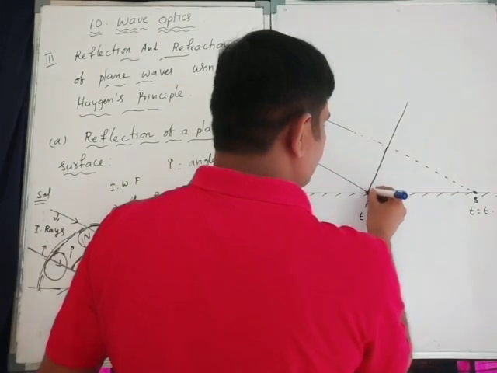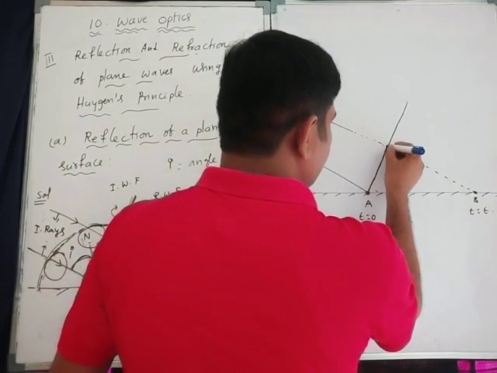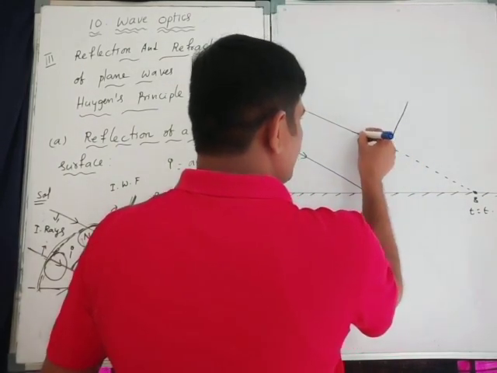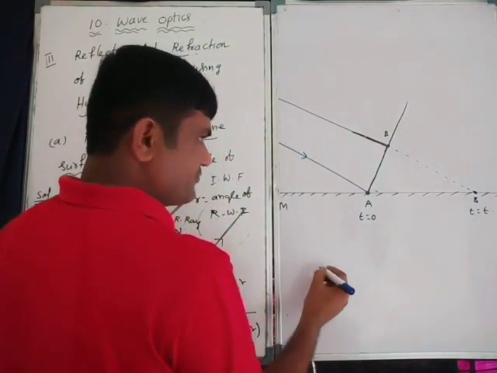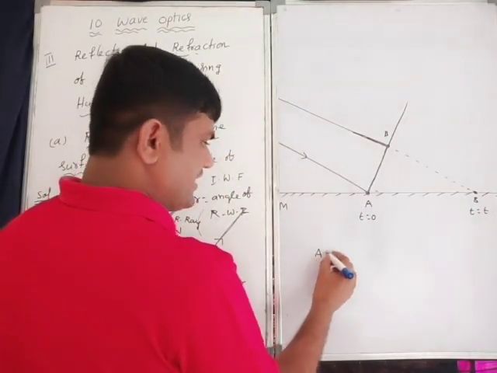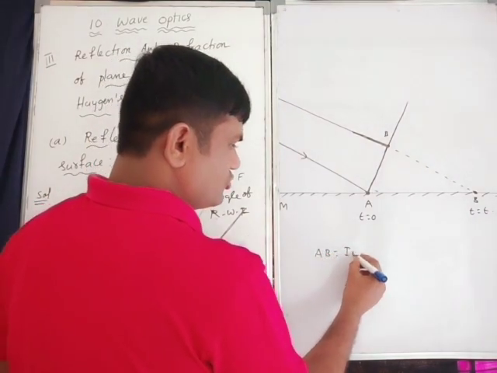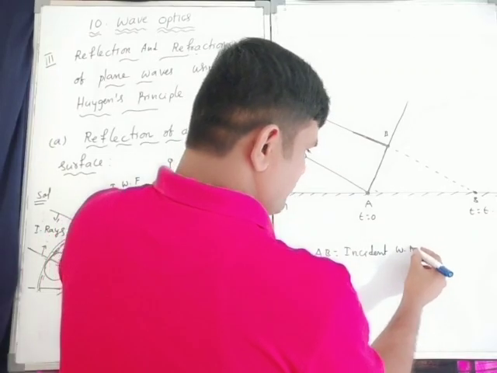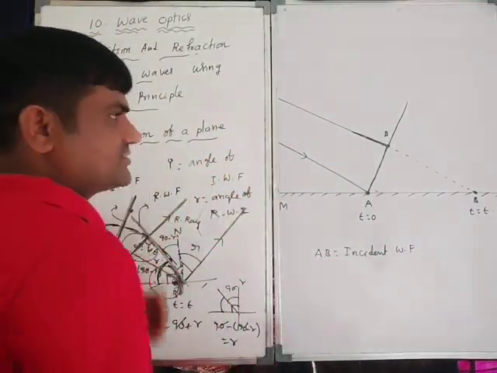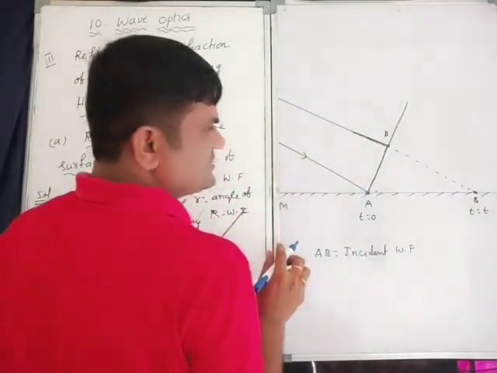The incident wavefront is A and this is B. So from here to here, what is that incident wavefront? Remember here AB is equal to the incident wavefront.